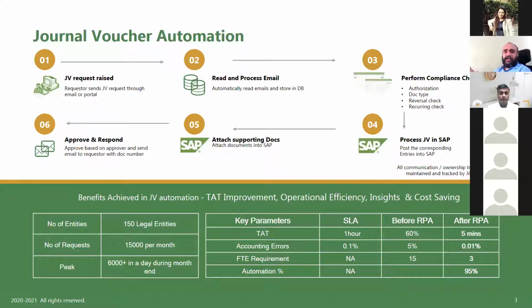This was very early in 2016, the very first process that we were automating. What this has given us as an organization is a lot of impetus to our automation journey, not just within the global business services or global shared services.